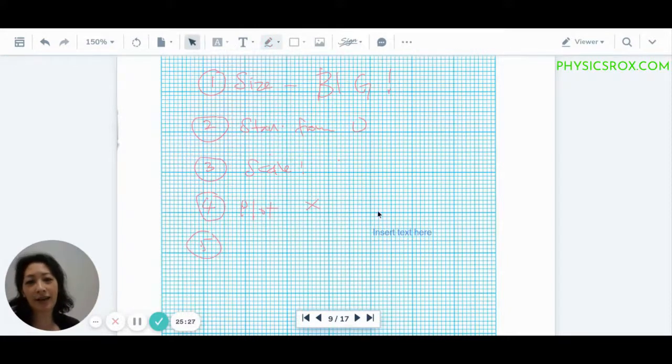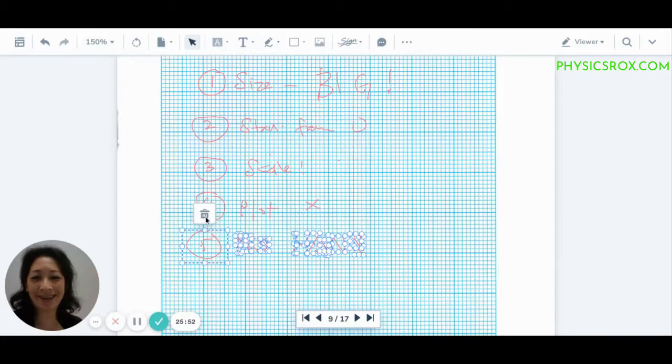Hold on. I have this problem all the time with this app. It's not showing up. Wait, the words will appear soon. I'm so sorry, guys. Oh, this is not working out. Let's get rid of this and use text instead.